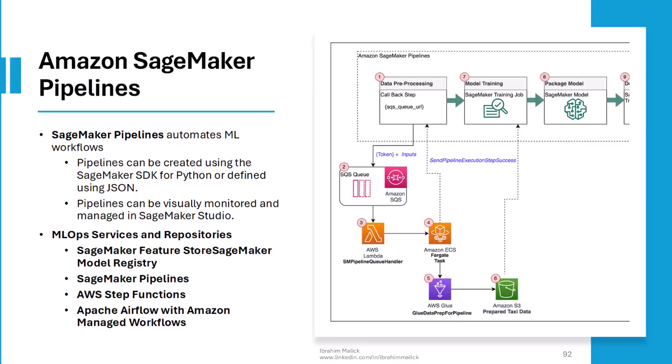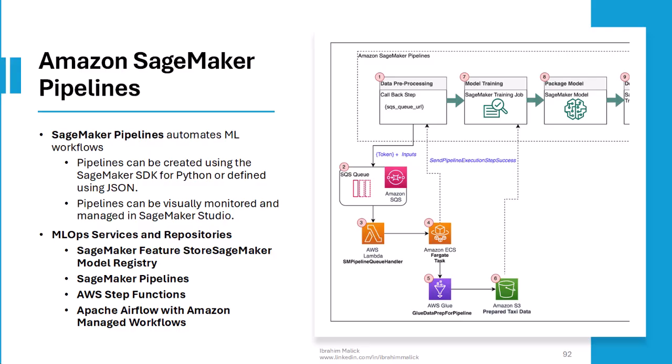Some of the MLOps services and repositories: SageMaker Feature Store, which is a repository for storing feature definitions of training data. Then SageMaker Model Registry, which is a centralized repository for trained models and version history.